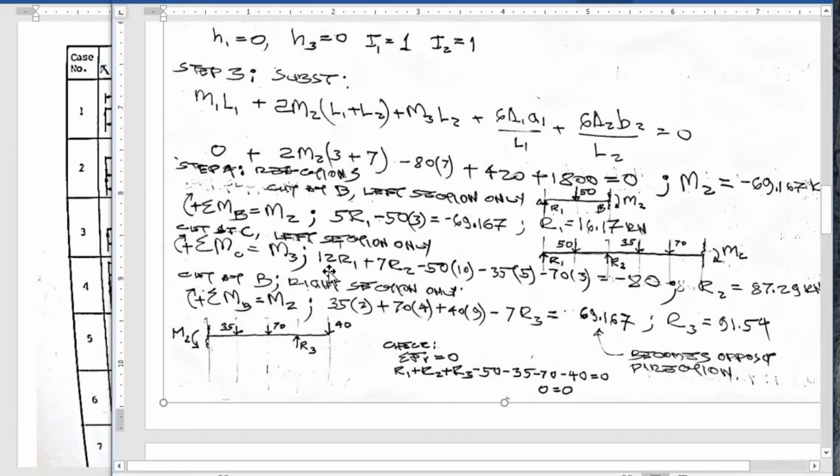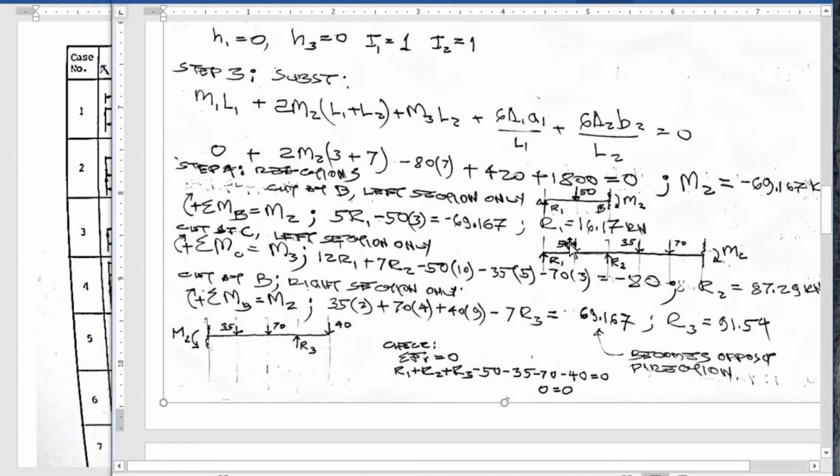Okay, so 12 times R1. 12 is yung lever arm nung R1 from the cut section. And 12 R1 is positive kasi clockwise rotation siya. Plus 7 R2, positive na naman yan kasi clockwise rotation.